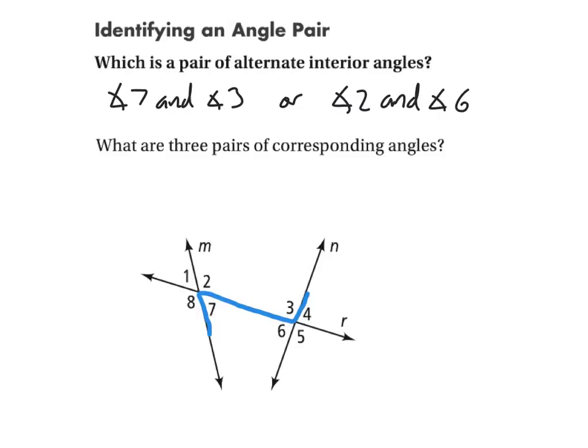Excellent. How about 3 pairs of corresponding angles? Now they ask for 3 pairs, but how many pairs are there? 4. So we're just going to name all 4. So what are 3 pairs of corresponding angles? What shape or what letter can we identify these with? An F, such as which 2 angles? Angle 1 and angle 3 form an F shape.